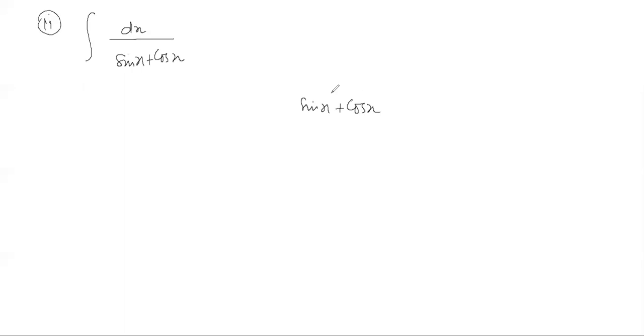So what would be our first step? Just see the coefficient of sine and cos. The coefficient of both sin x and cos x is 1. So what we will do is 1 square plus 1 square and take the square root, so the value would be root 2. Next step, multiply and divide by root 2.